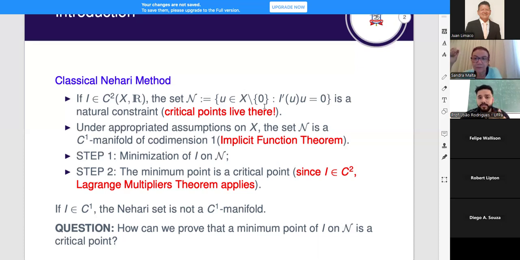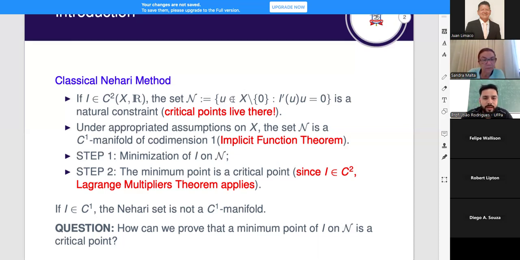But a good question now is, what happens if my functional is only of C1 class? So here it is not true that your set has a differentiable structure in this case.